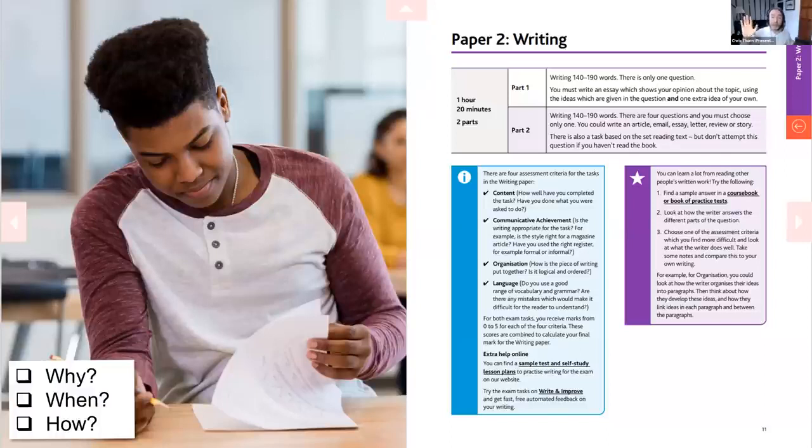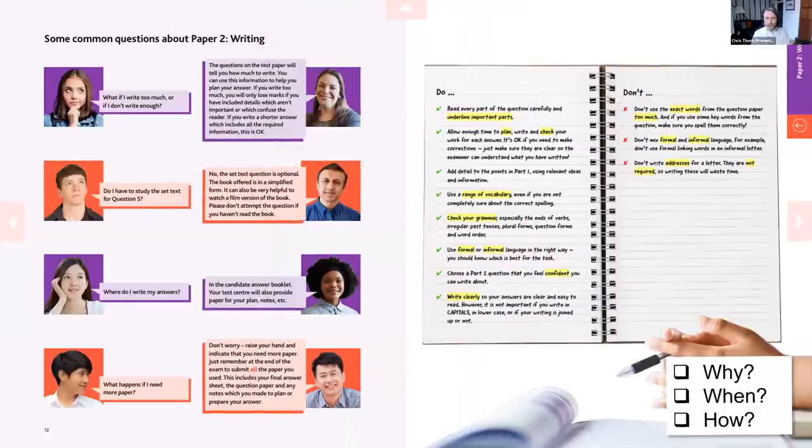It gives lots of useful information, links to further resources, and it has some study tips, but these ones are focused on developing writing skills. So again, it's got much of the same kind of information. It's just the details that are different. Again, if we look over the page, that looks familiar, doesn't it? We've got common questions and answers and do's and don'ts.